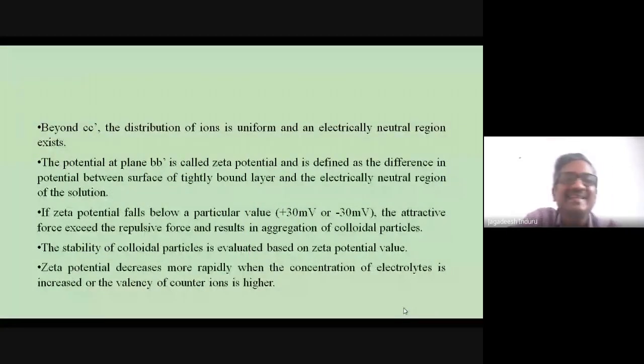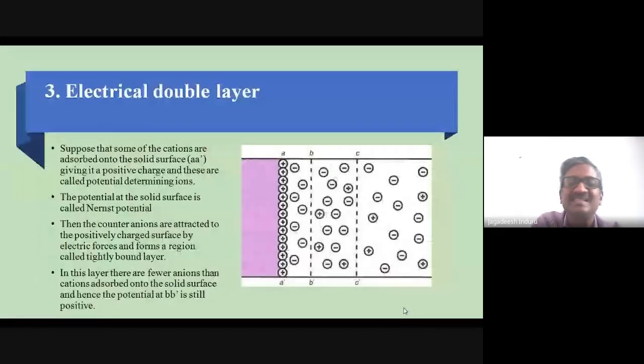And beyond CC, what you are seeing here is a neutral region. You find both anions and cations present. Even if they don't exist, it will be neutral, because it is in equilibrium with charge. So we don't bother about it. It is already present. We are bothered about wherever there is a charge, because in our isoelectric point it is going to give us a problem. So we are going to address that surface charge. That is the point we are taking into consideration here.